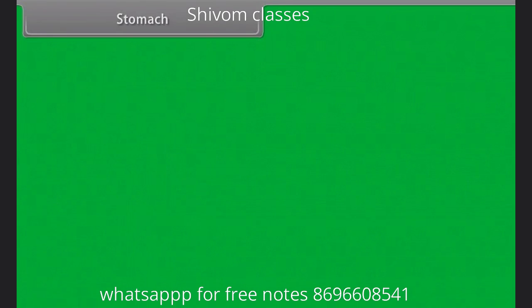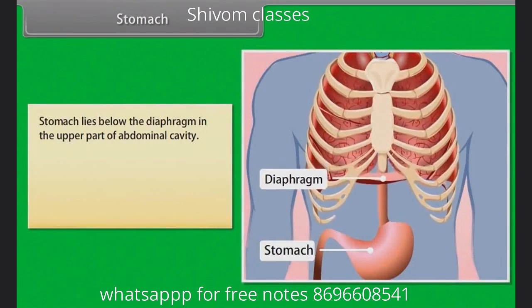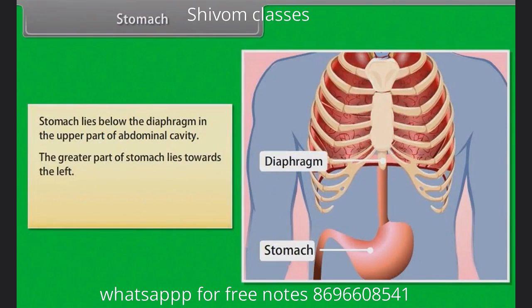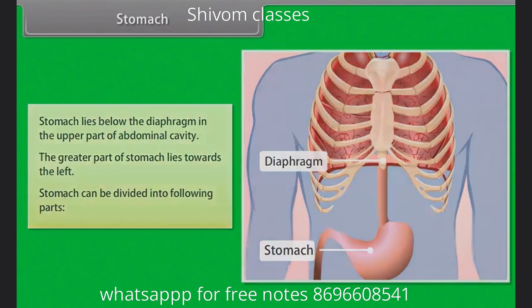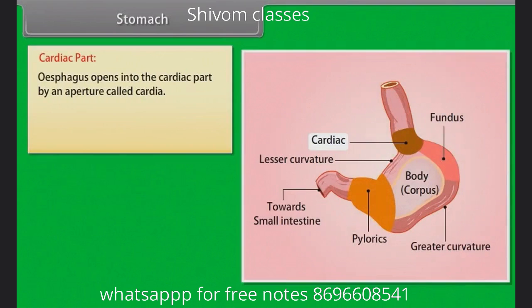Stomach. Stomach lies below the diaphragm in the upper part of abdominal cavity. The greater part of stomach lies towards the left. Stomach can be divided into following parts. Cardiac part. Esophagus opens into the cardiac part by an aperture called cardia.